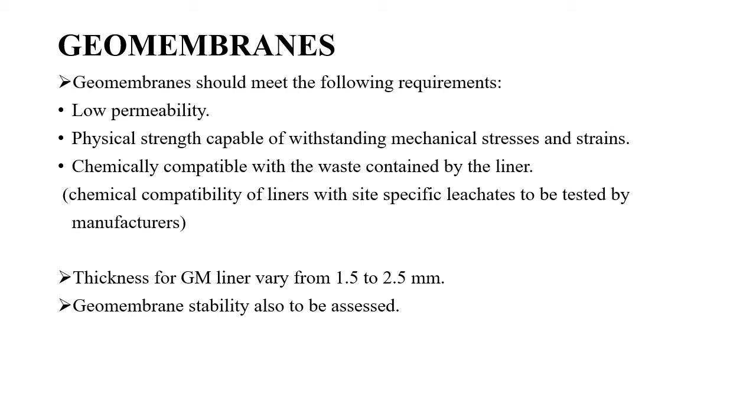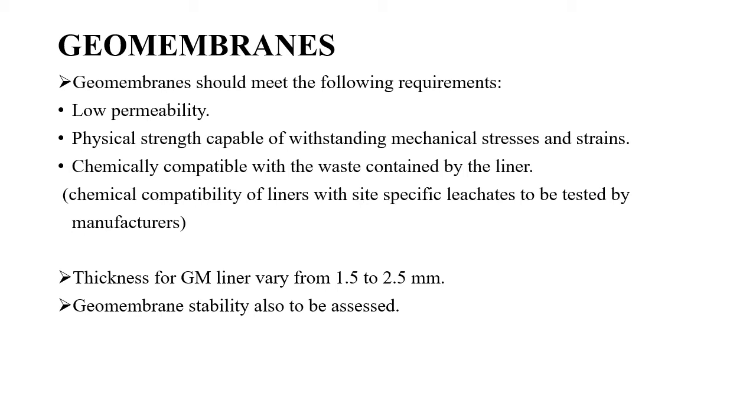The main purpose of using a liner material is to prevent the entry of leachate. So definitely it is going to come in contact with a lot of chemicals present in the leachate, and the material used for making these geomembranes should be chemically compatible with the type of chemical or contaminant that it is going to possibly meet while interacting with the leachate.